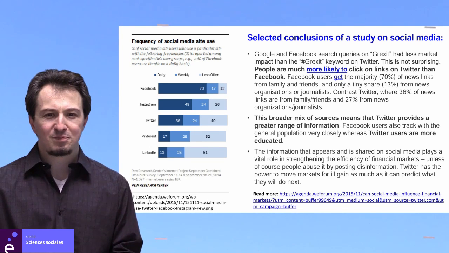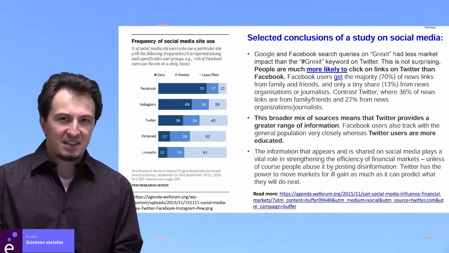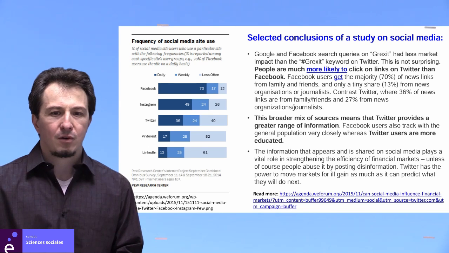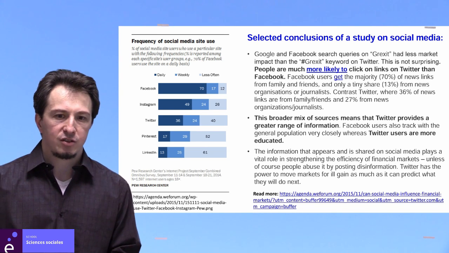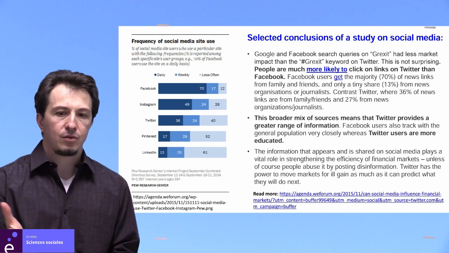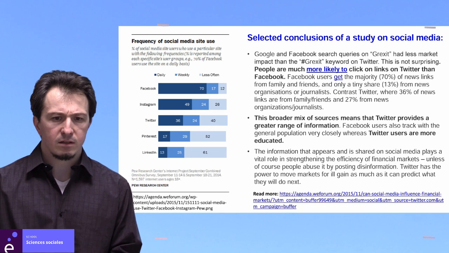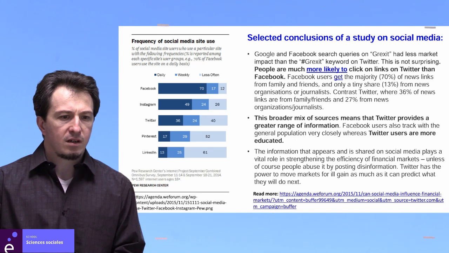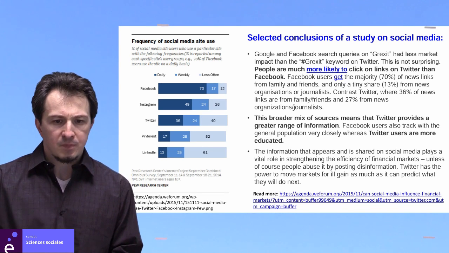On Facebook, not so much, because on Facebook, most of the people with whom they are linked are family, friends, so it's more for, let's say, relaxation, family interaction, not so much for learning and business, as it seems statistically. I'll let you read from the slide. And Twitter seems to be a good trade-off between flexibility and information.